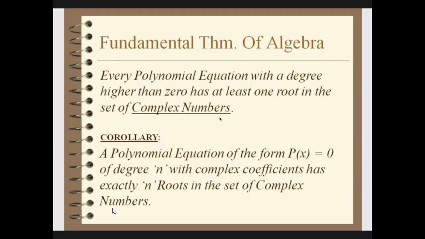There are polynomials that have a degree higher than the number of real zeros. We call those solutions complex numbers. So when a polynomial p of x equals 0 has degree n, and there are fewer than n roots in the real system, then that tells us that we also have complex roots.